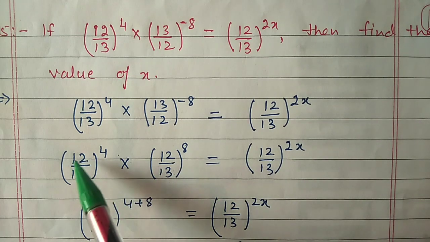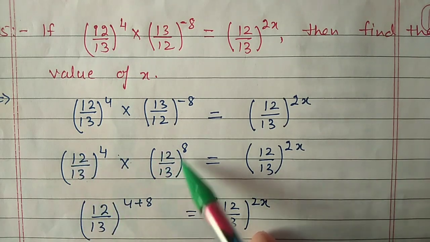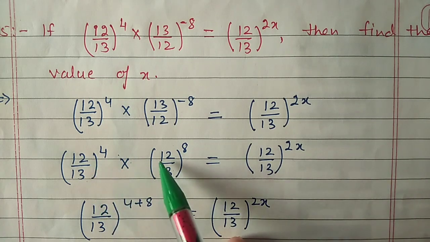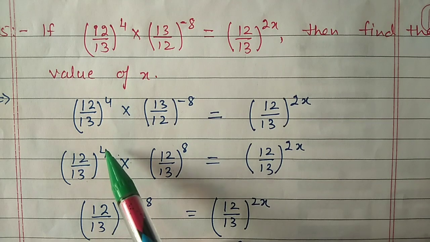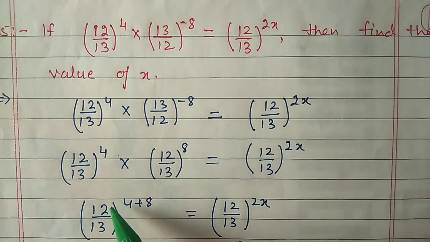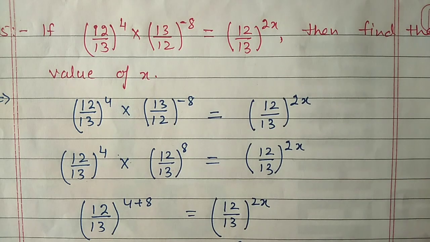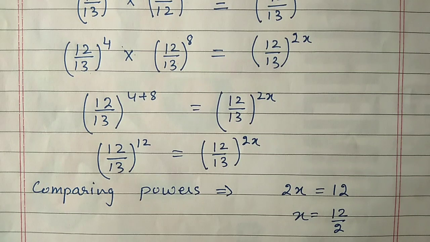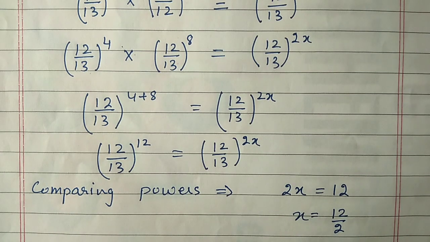On this side the base is the same, 12 by 13, and the multiplication symbol is there. If the base is the same and the multiplication symbol is there, we have to add the powers. So it will become 12 by 13 to the power 4 plus 8, that is equal to 12. So we have 12 by 13 to the power 12 is equal to 12 by 13 to the power 2x.